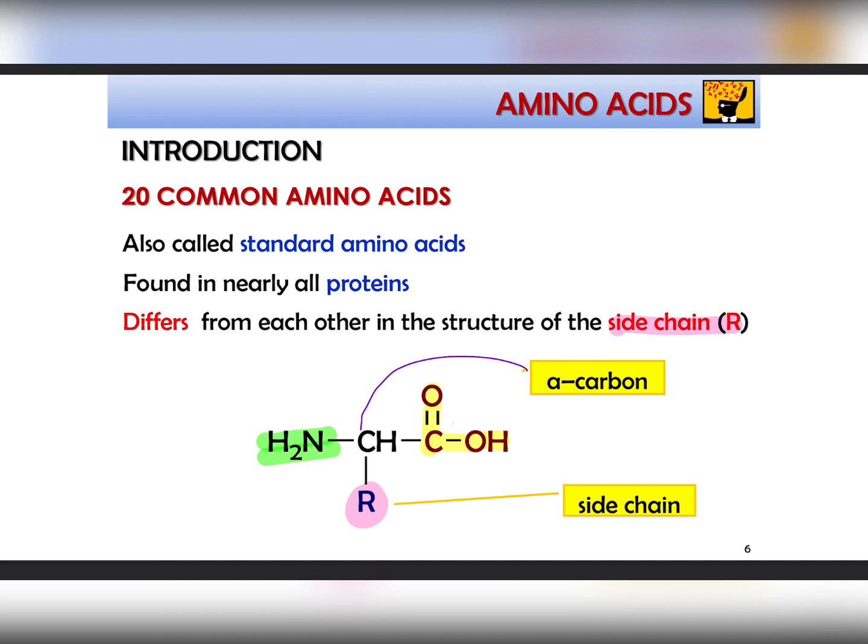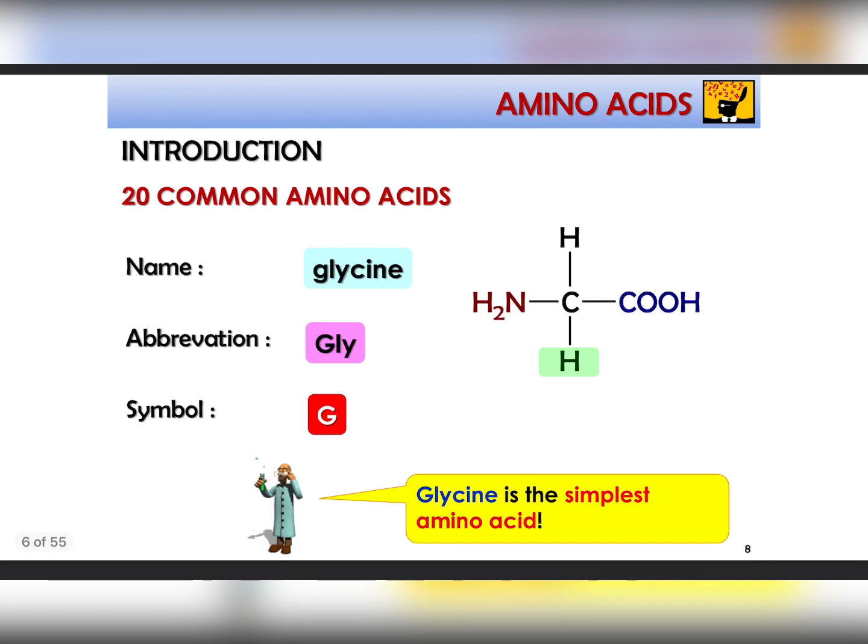Okay, kekal sama. Yang membezakan hanyalah side chain at this alpha carbon. So ini adalah your alpha carbon. Okay, so ini glycine is the simplest amino acid because the R here hanyalah hydrogen.